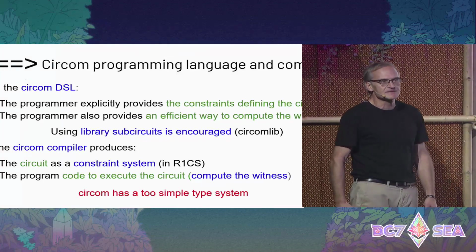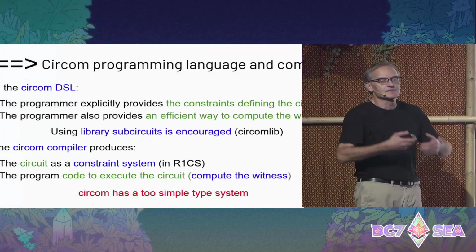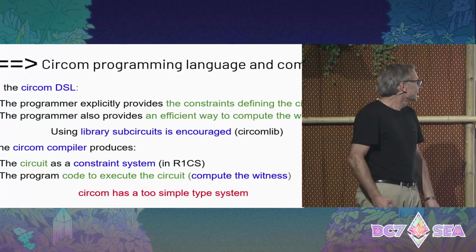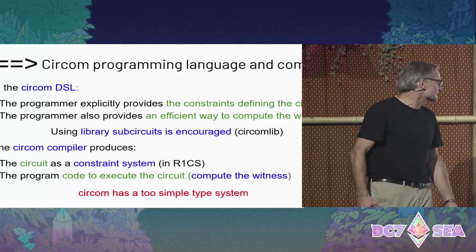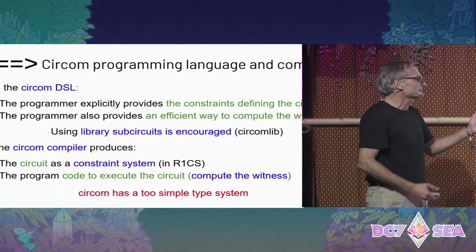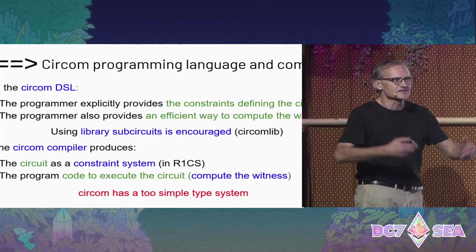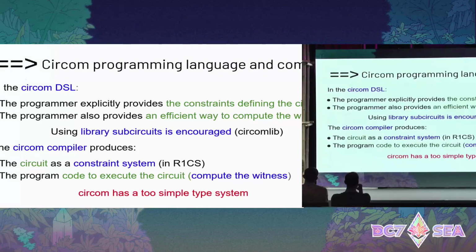Circom is a DSL where the programmer explicitly provides the constraints defining the circuit and also provides an efficient way to compute the witness. In Circom, one of the nice features that we have is a large library of circuits that programmers can reuse.